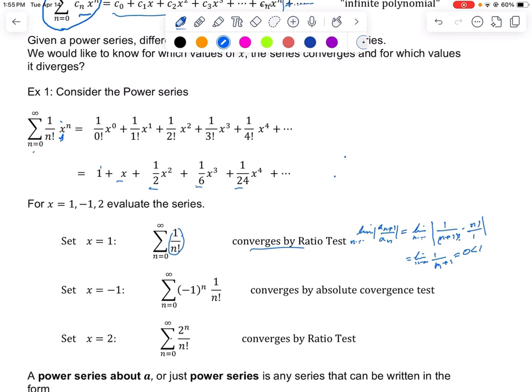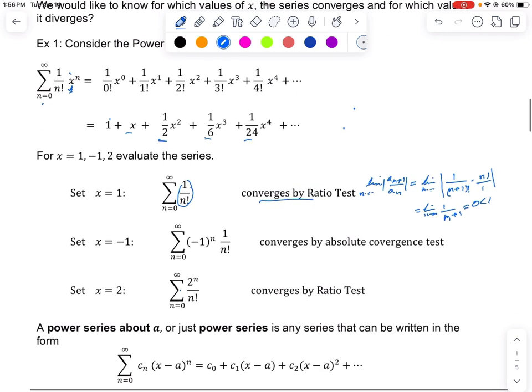Now the next one converges by the absolute convergence test. If you recall, the absolute convergence test is kind of similar to the ratio test. We can actually do it with the ratio test as well, but here we are checking just this thing, so we are basically getting the same thing as we have here.